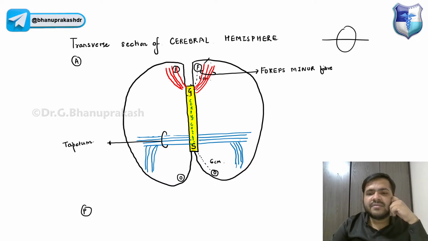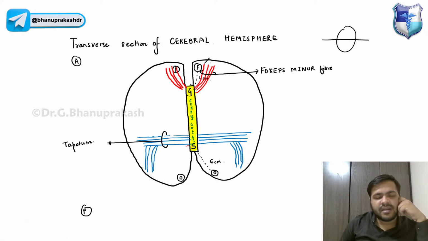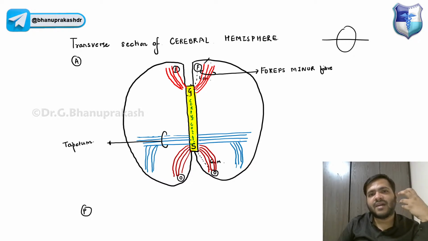Now, there are fibers coming from the splenium, guys. These fibers are coming from the splenium and going towards the occipital lobe, and they have to travel a longer distance. In front it is 4 centimeters, behind it is 6 centimeters.